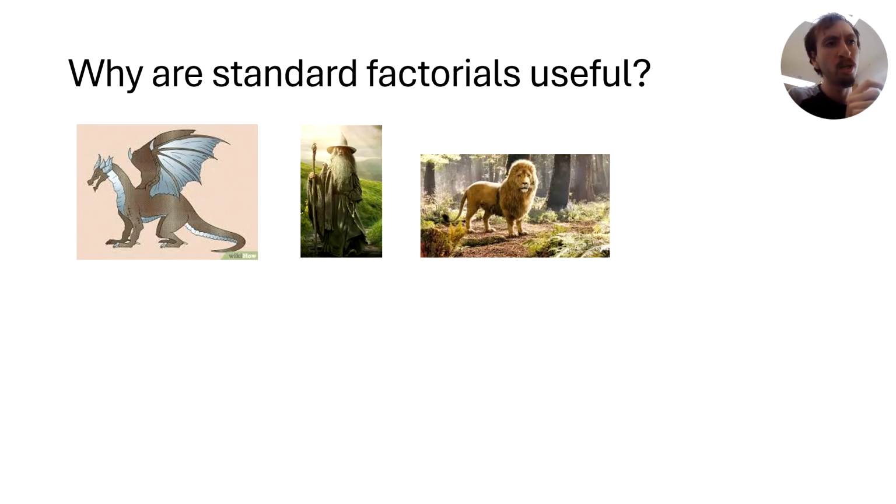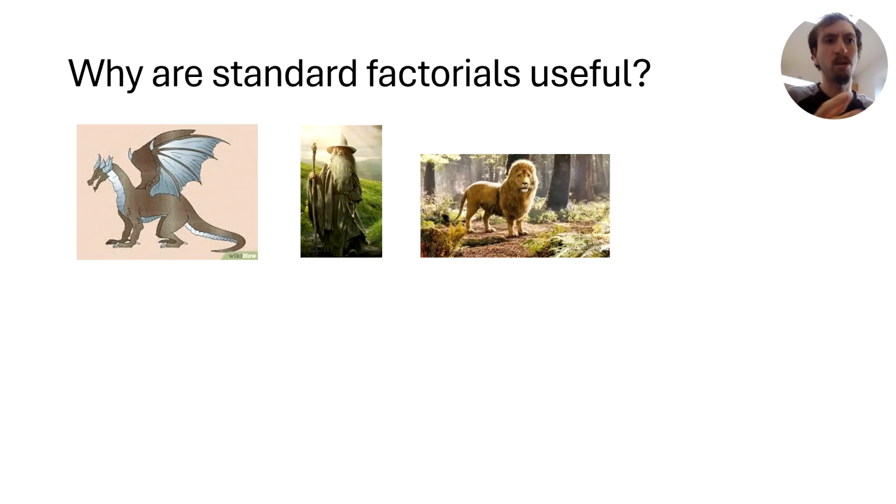Well, the factorial is traditionally introduced when looking at how to arrange an integer number of distinct objects. So here we have three distinct pictures: an image of a dragon, an image of Gandalf, or Olórin, as he is more formally known in Tolkien's lore, and an image of Aslan.